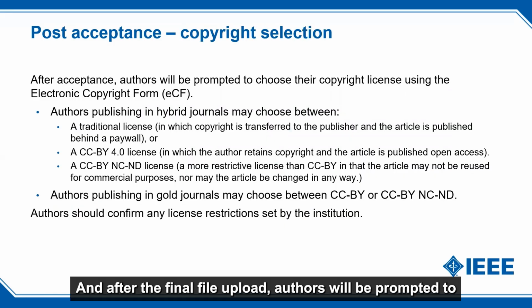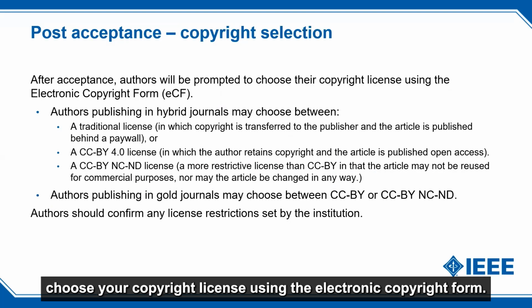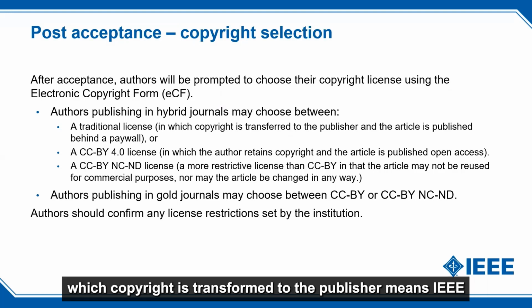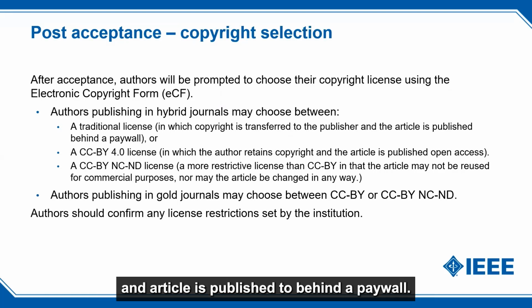And after the final file upload, the author will be prompted to choose their copyright license using the electronic copyright form. Authors publishing traditional can choose the traditional license in which copyright is transferred to the publisher, meaning IEEE, and the article is published behind a paywall.